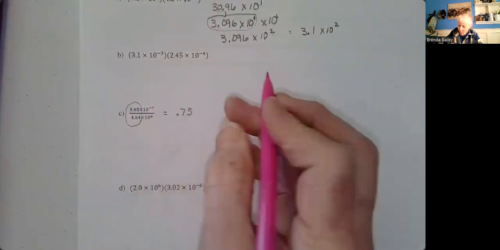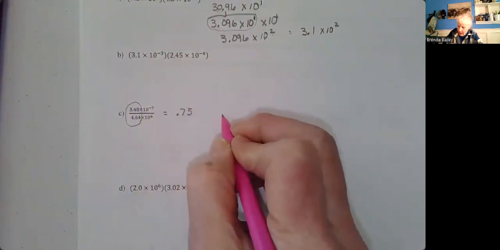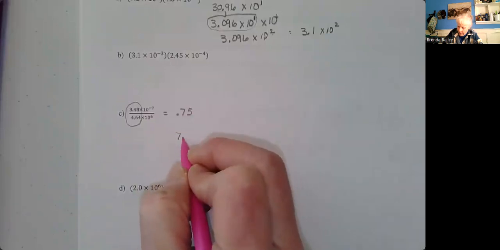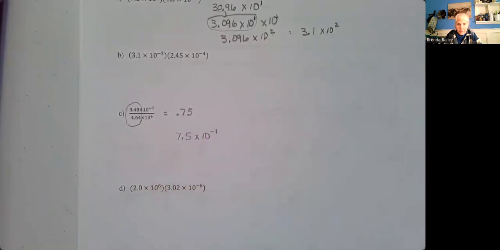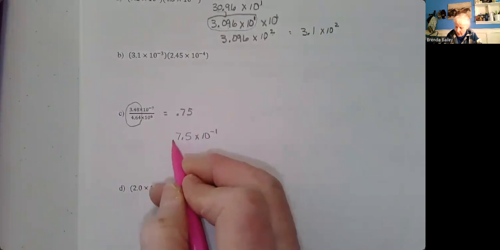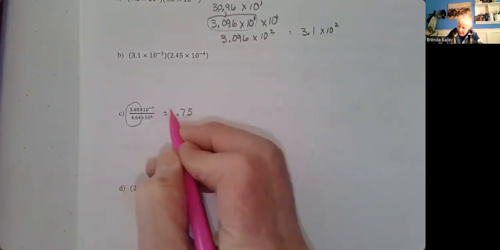Oh, okay. Which is also 7.5 times 10 to the -1. And so to get rid of this, you would divide and move it to the left. So we've got that.